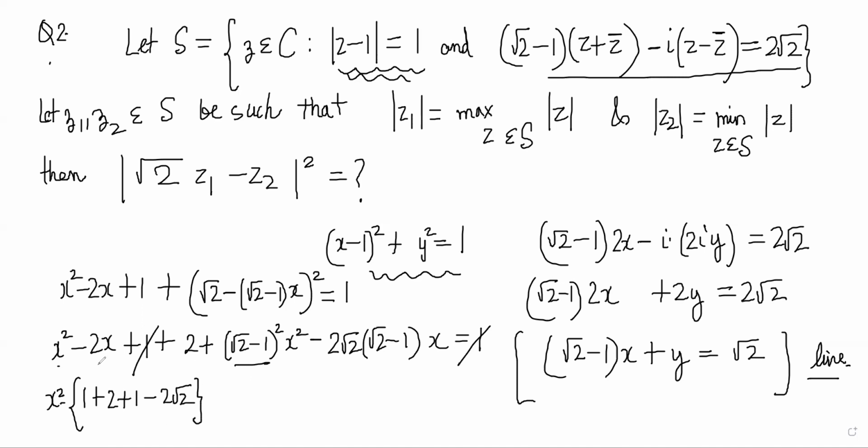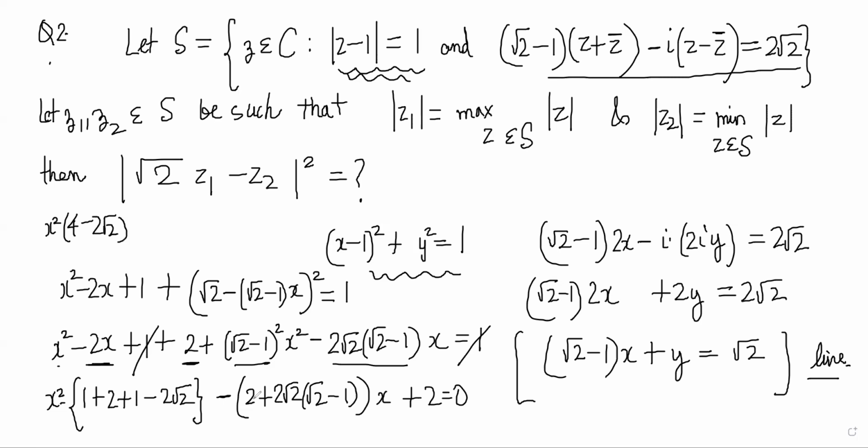Yes, sir. Minus 2x here, and you have this term. So minus 2 plus 2 root 2 into root 2 minus 1 x, and plus 2 you have here. Yes, sir. So this is becoming 4 minus 2 root 2 square into 4 minus 2 root 2, and this becomes 2 into 2, which is 4 plus 2, 6 minus 2 root 2.